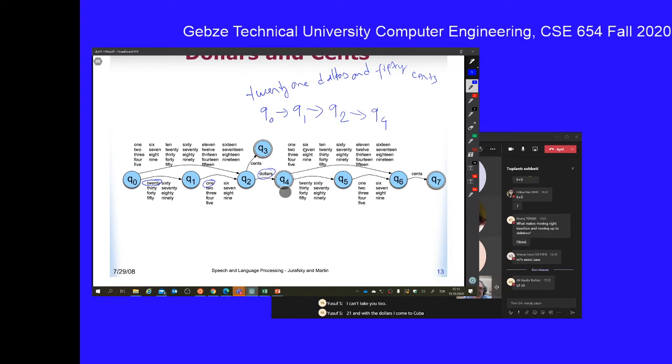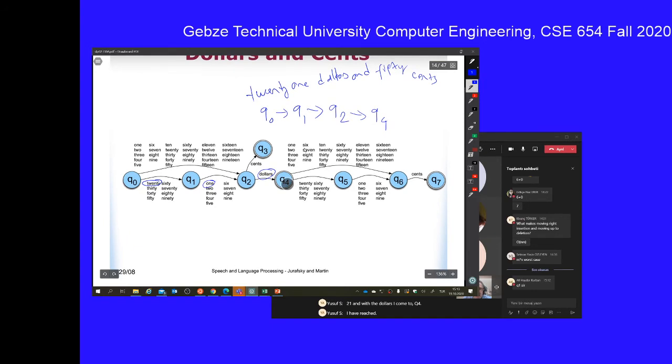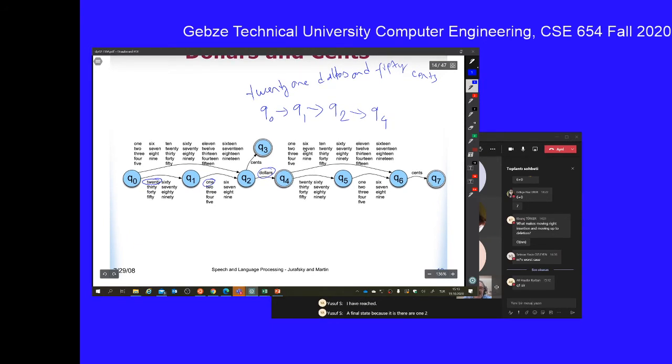I have reached a final state because there are 1, 2, 3 final states. But that doesn't mean that I should accept the string yet because there are other parts of the string. When I am all finished with the string, I should be in a final state. Being on a final state by itself is not enough.